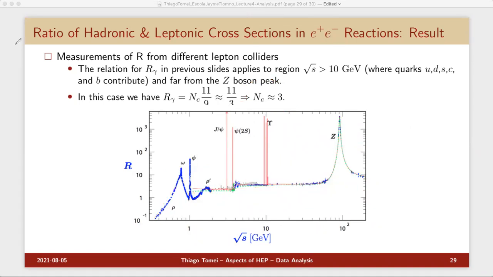So this is an example of doing an analysis to measure a parameter in your theory.